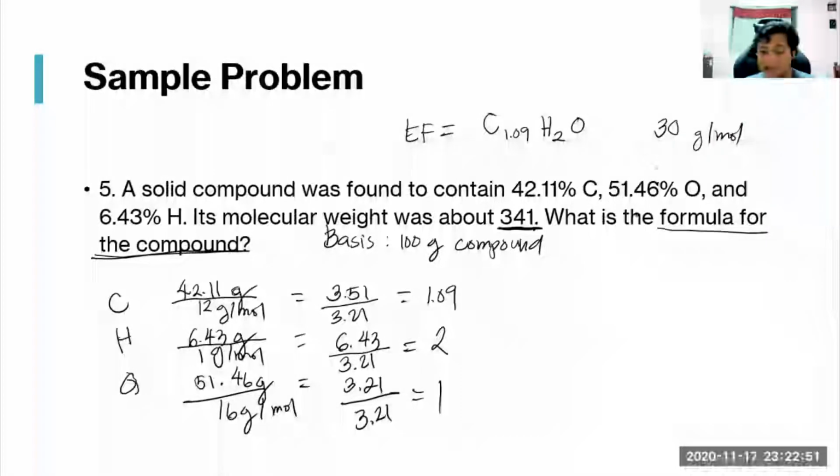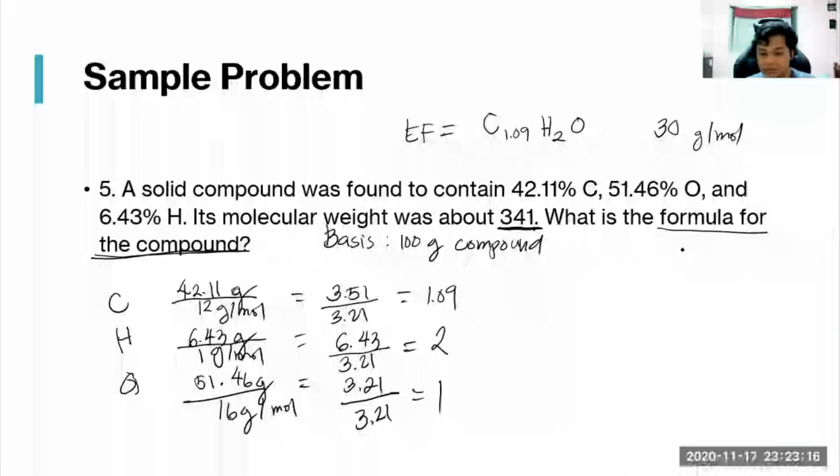And then we will divide that into the molecular weight of the compound we were given, right? We'll divide that by 30 so that we get the true number of these elements in the compound.